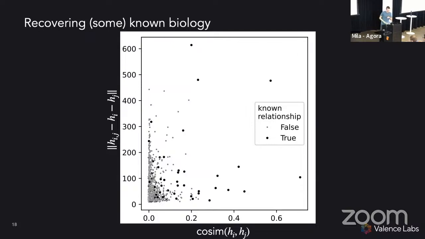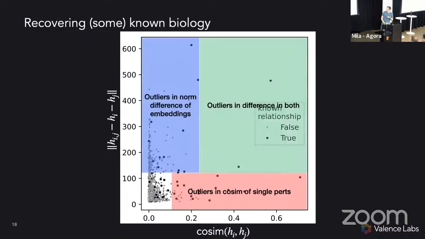It's going to motivate the last part of the talk. Different things are showing up under these metrics. These are outliers in terms of single perturbations. These are things we would have called interactions under the original test. These are outliers in terms of the norm difference of the embeddings, so these are things we're going to call interactions under these new metrics. And this is stuff that would show up in both metrics.